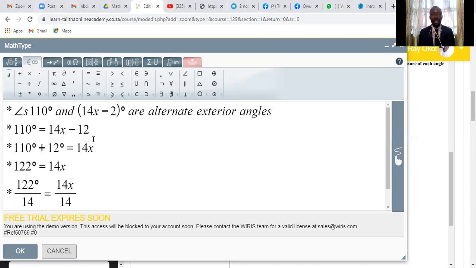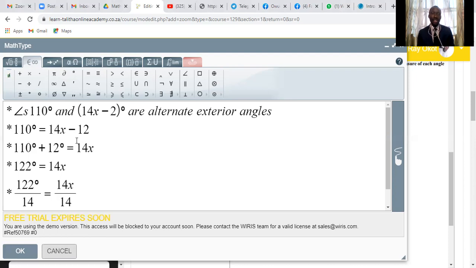So to find the value of x, we first need to sort things out. Sorting things out means we group the like terms together and the terms that are not like separately. So the like terms in this case include 12 degrees and what? 110 degrees. So we put 12 degrees together with 110 degrees. That way, we will be adding 110 degrees to 12 degrees.